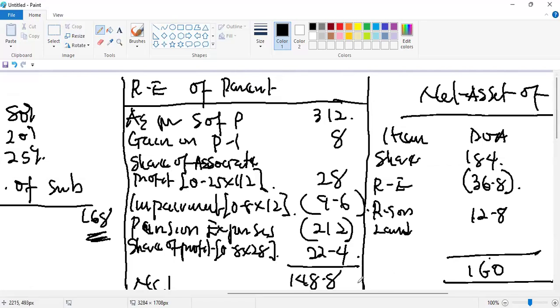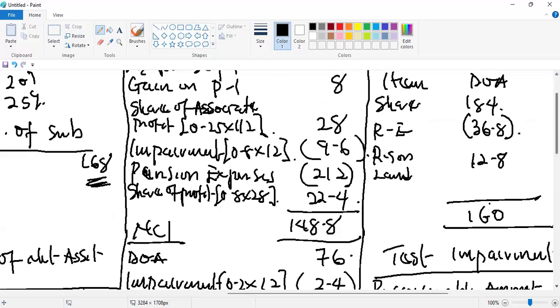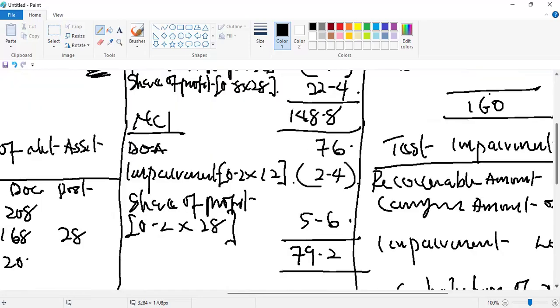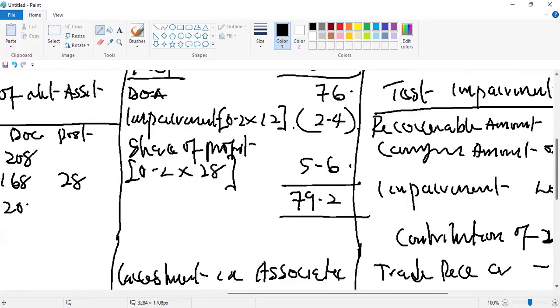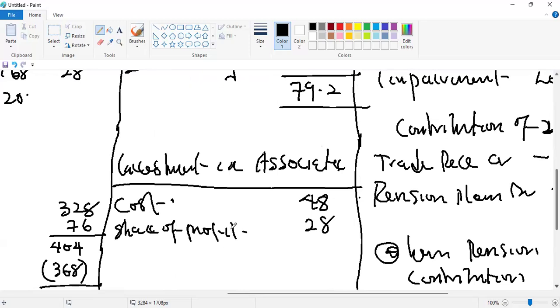So for the associate, 48 plus 28 will give me 76. So we cannot close our book with that.